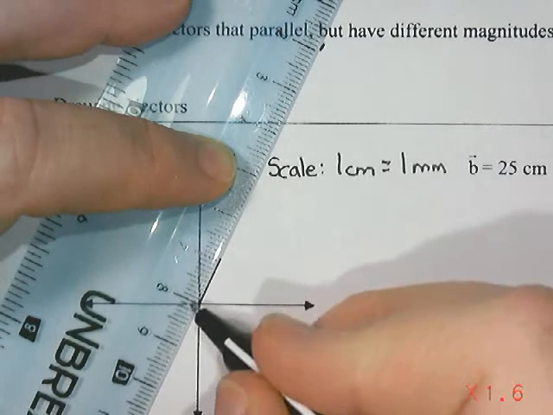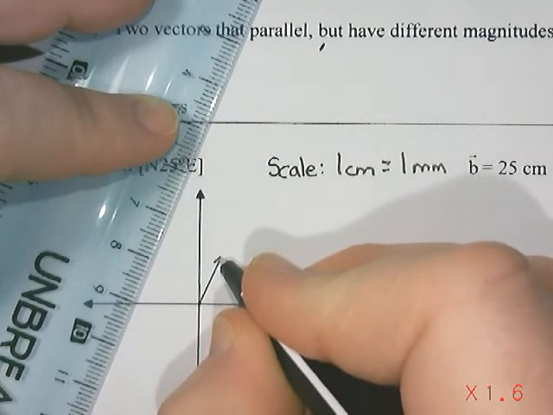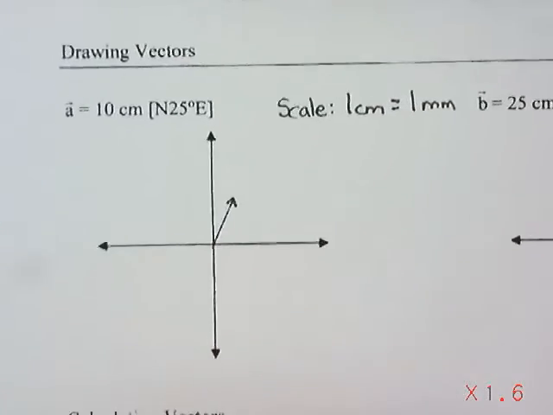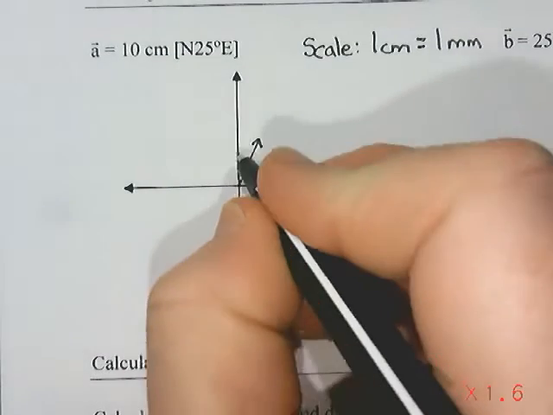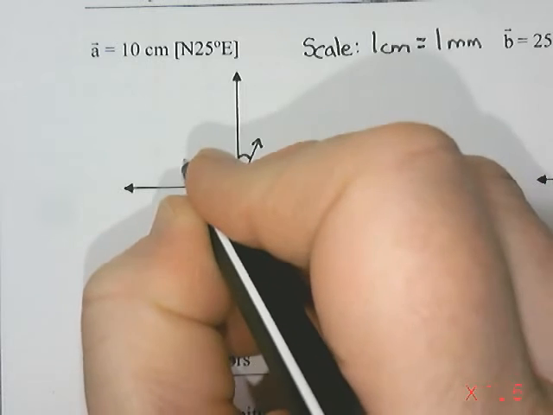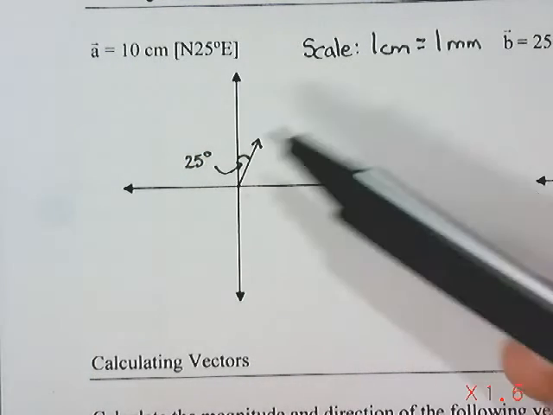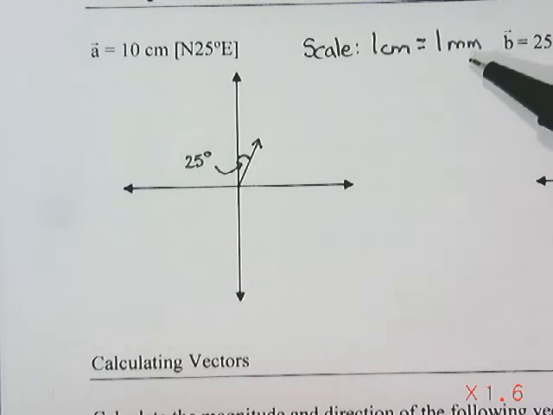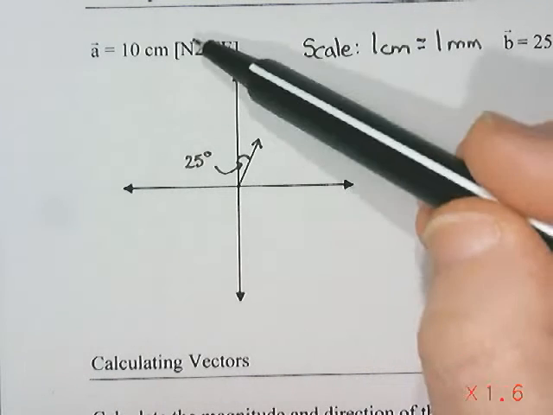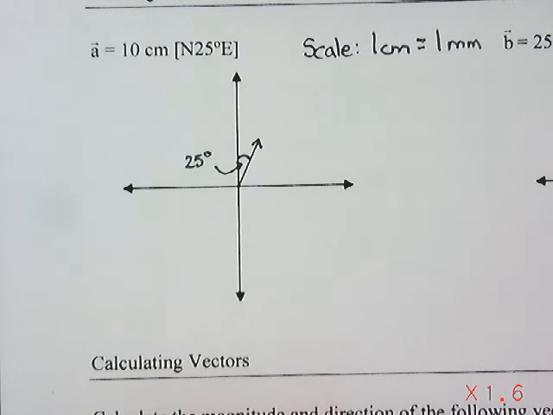So I did 10 millimeters. So 1, 2, 3, 4, 5, 6, 7, 8, 9, 10. And then I'm going to put a little vector arrow on the end. And then I'm going to mark that this part right here was 25 degrees. So that was 10 centimeters, although I drew 10 millimeters because I needed to use a different scale. And then I did north, and then we turned 25 degrees towards the east.